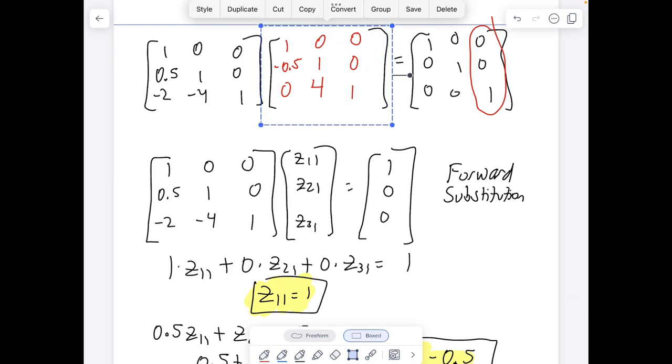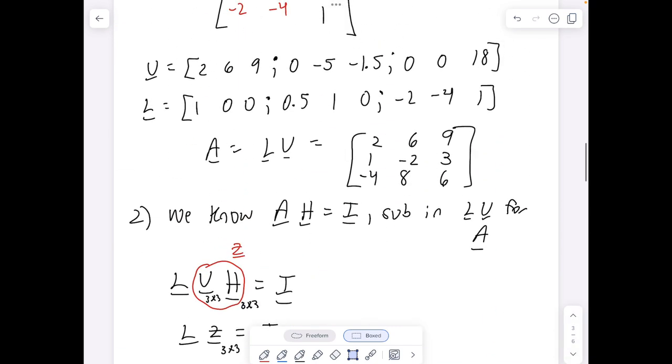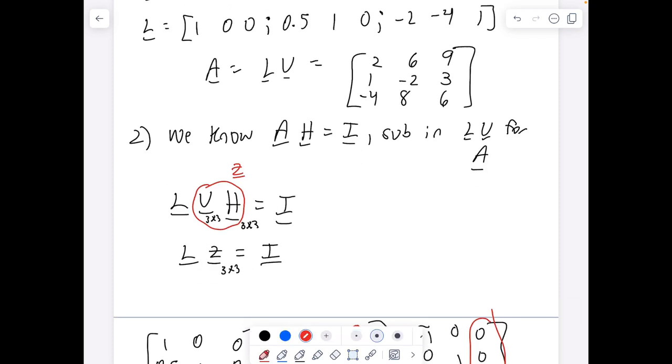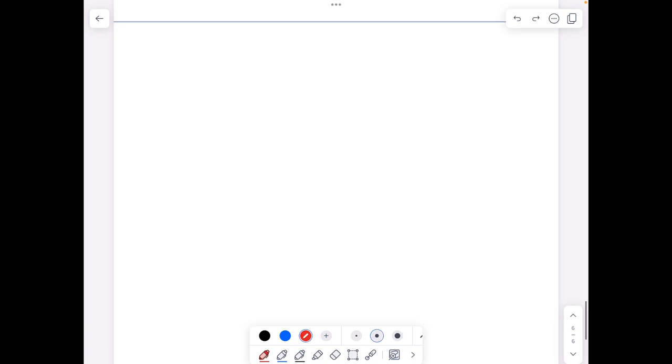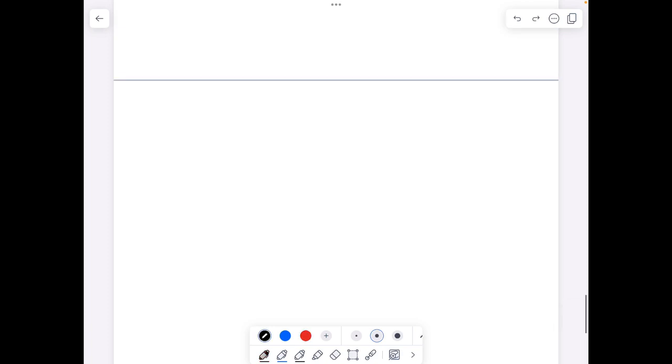Let's copy this. So now that we know what Z is, we can come back here and say that that Z is equal to U times H. So let's come down here now. And what we just said is that U times H is equal to Z. Everything is 3 by 3.